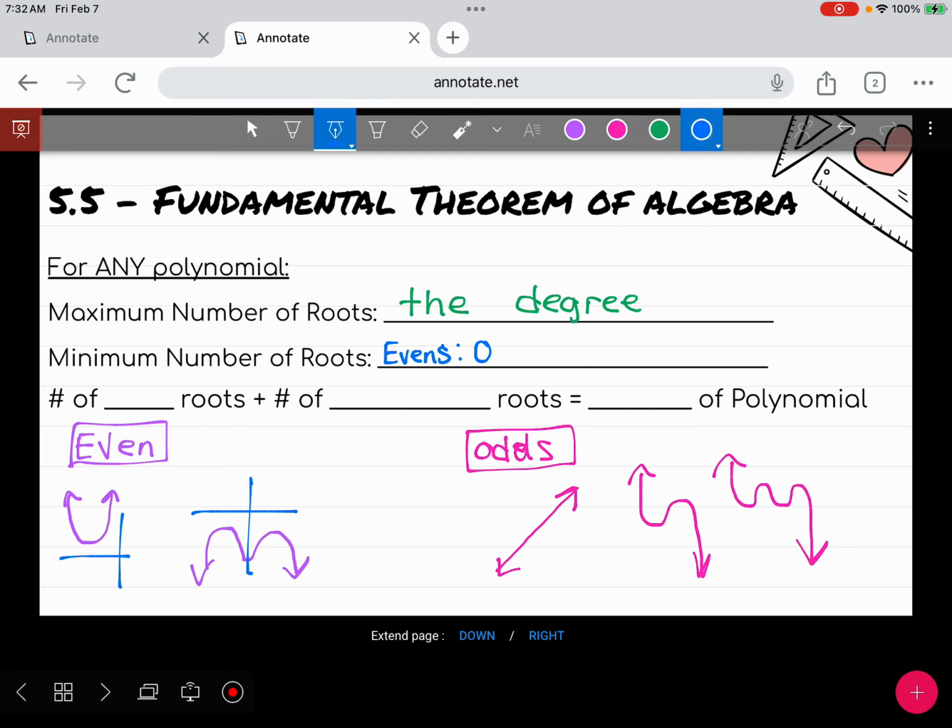No matter what happens, no matter where I put my x-axis, I'm going to have to cross it somewhere. Since my arrows go in opposite directions, because odd ducks go to the disco, alternate directions. Since we have those opposite arrows, it has to cross at some point, because it's going from negative infinity to positive infinity. It's got to cross the x-axis.